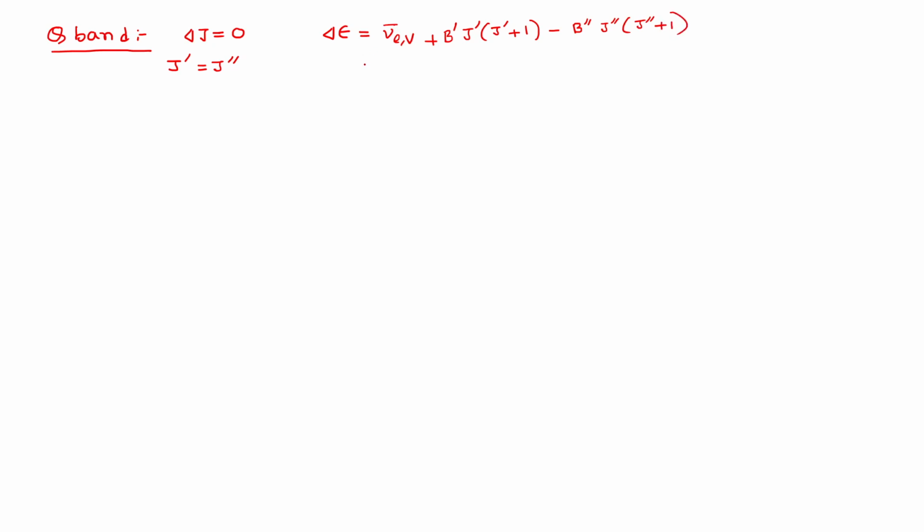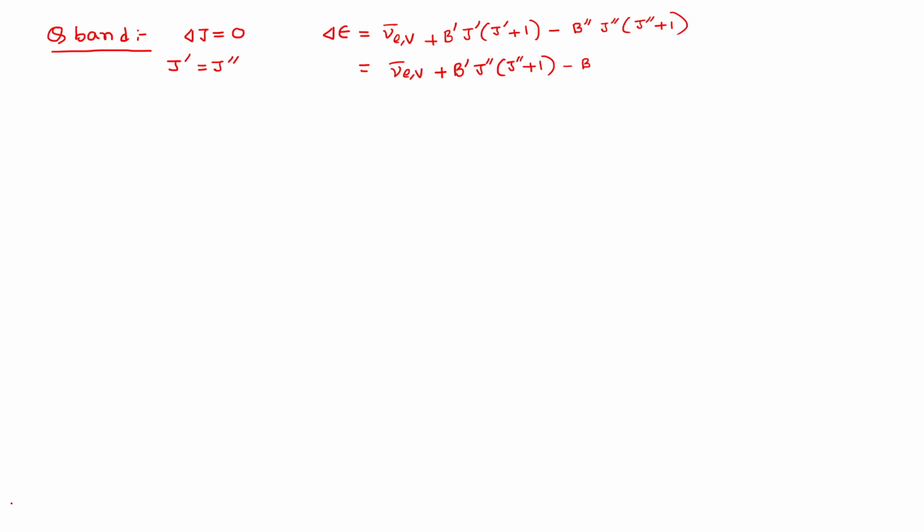So if J dash equals J double dash, then we can write nu equals nu bar plus B dash J double dash (J double dash plus 1) minus B double dash.